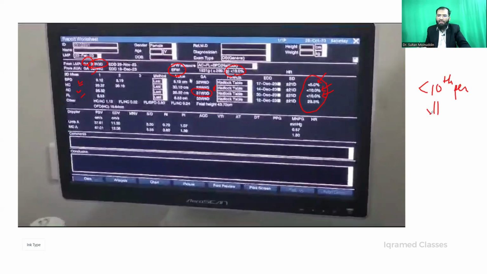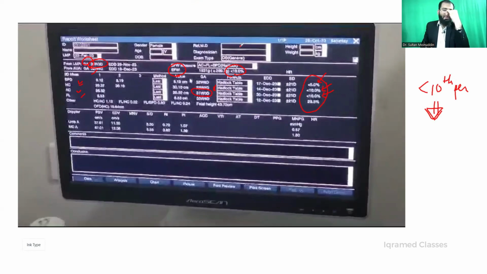If it is less than 10th percentile, what does this mean? I want you all to tell. If it is less than 10 percentile, will you call it IUGR? Directly you will call it IUGR?